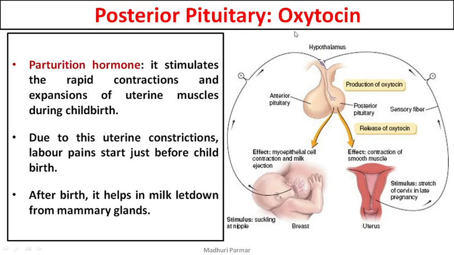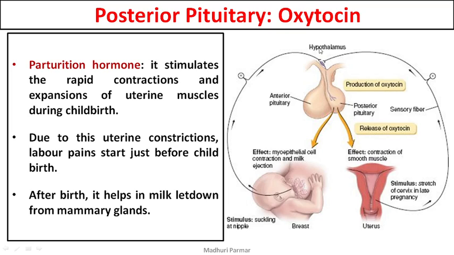Oxytocin will squeeze the lobules in the mammary glands which contain milk, and when that squeezing action happens, the milk will be let down and can enter the baby's mouth. So this function is also done by oxytocin.